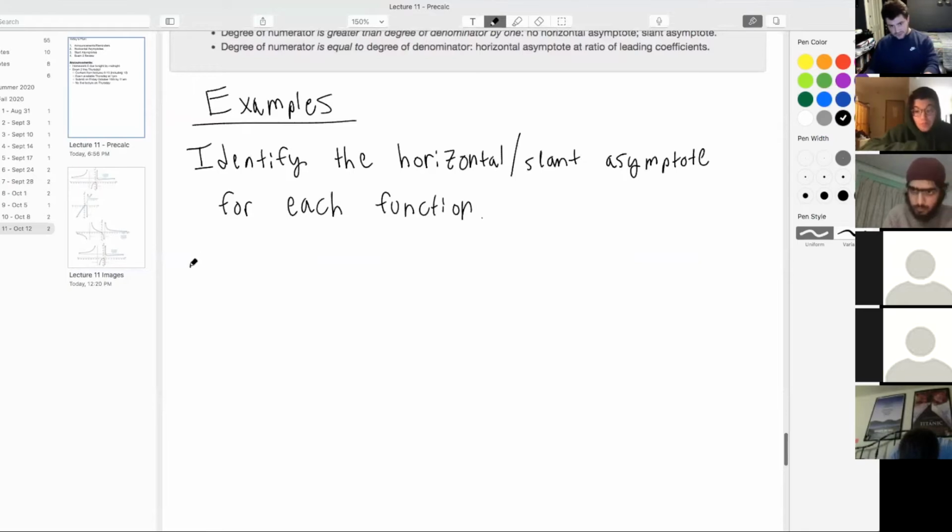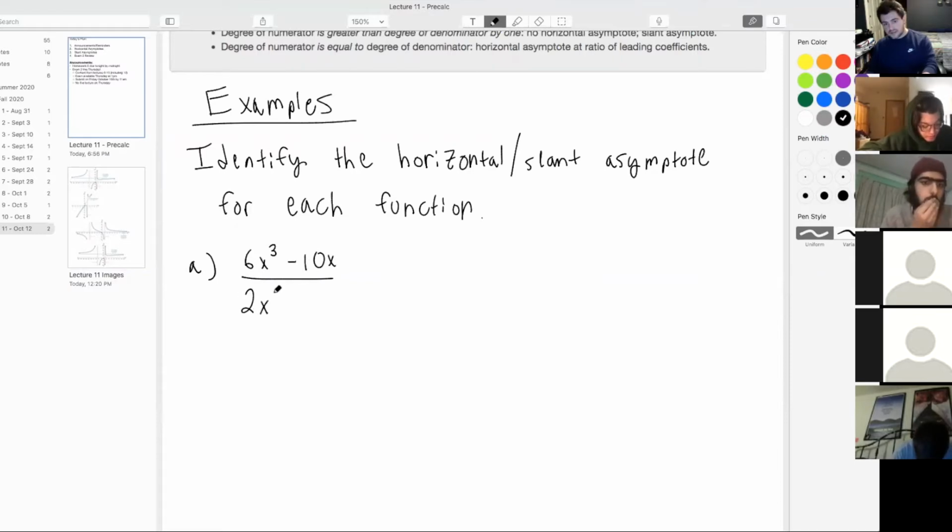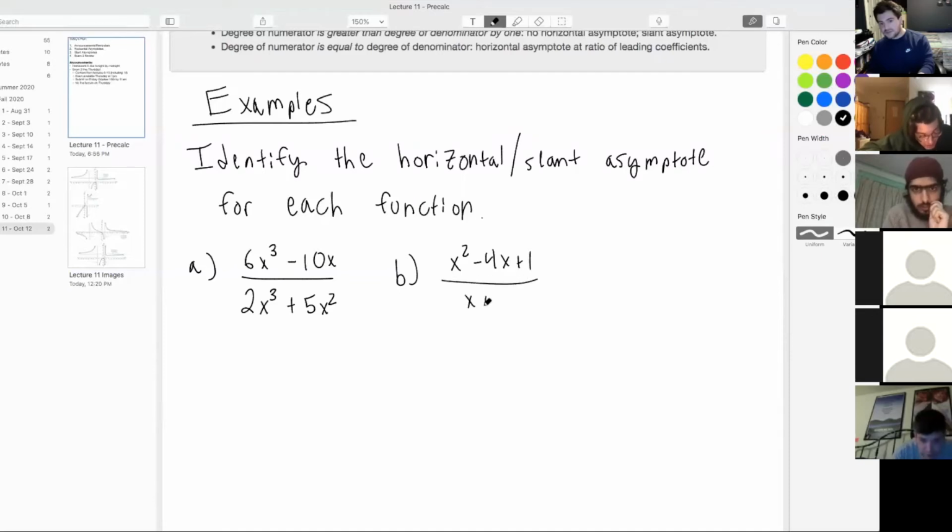And here are the functions that I'd like you guys to consider. So A, this will be 6x to the third minus 10x over 2x to the third plus 5x squared. B will be x squared minus 4x plus 1 divided by x plus 2.